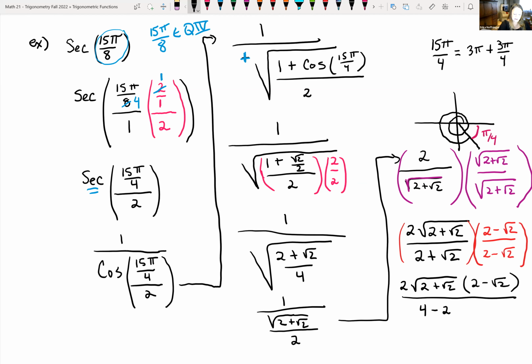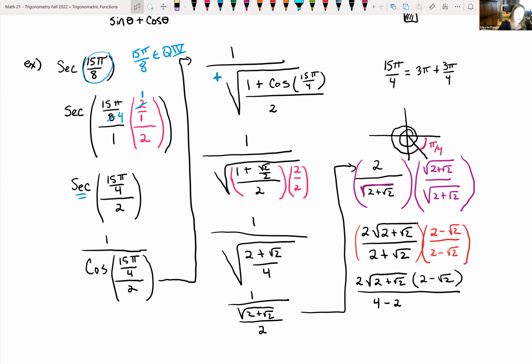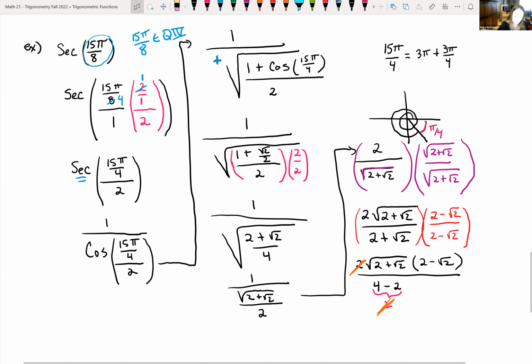That's going to give me 2 in the denominator. And that 2 in the denominator is going to cancel with this 2 in the numerator. And so we're left with our final answer. Reduced form is the square root of 2 plus root 2, all times the quantity 2 minus root 2.